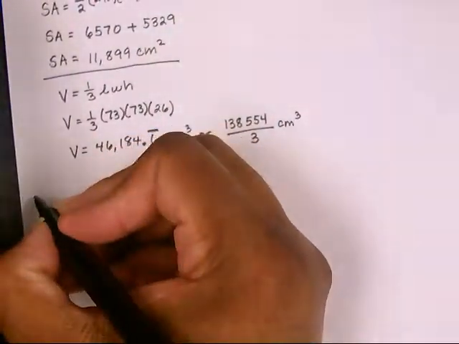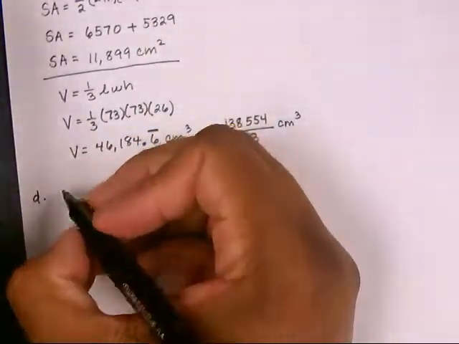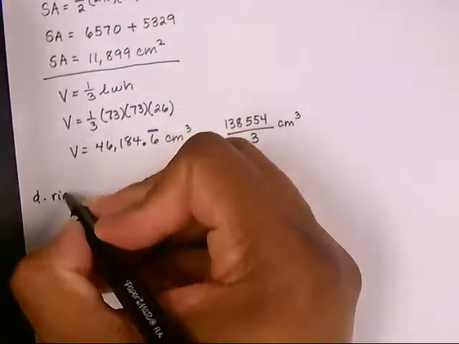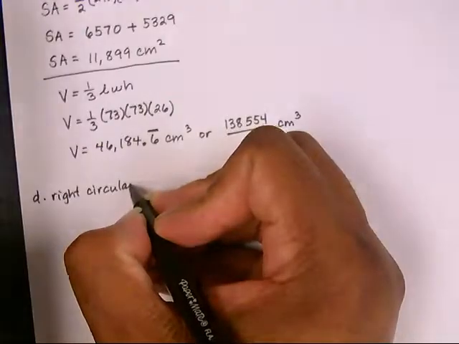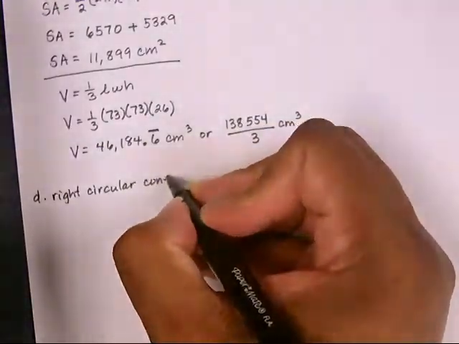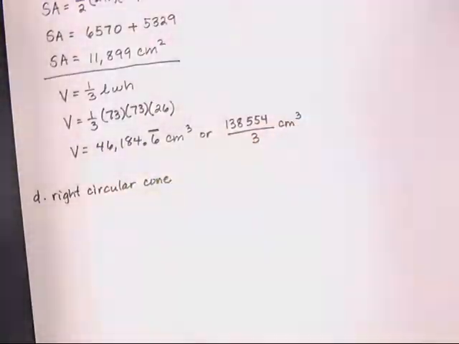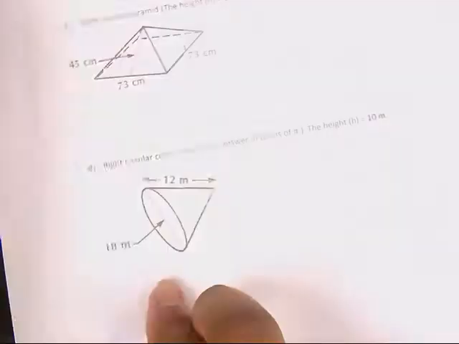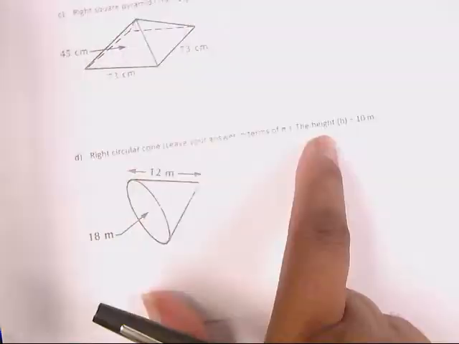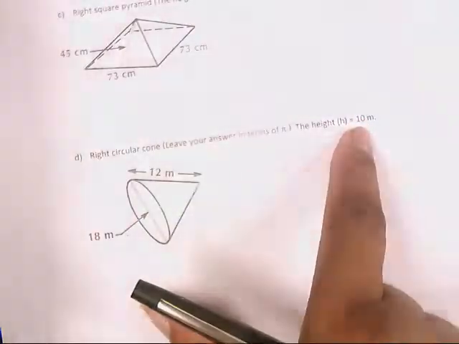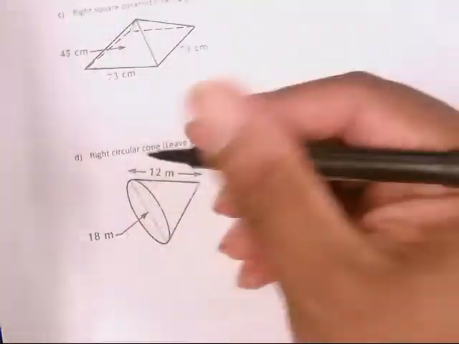Okay, part D is a right circular cone. So here's our right circular cone here. We're going to leave our answers in terms of pi, and the height is given to you as 10 meters.